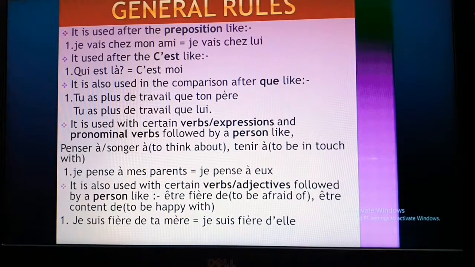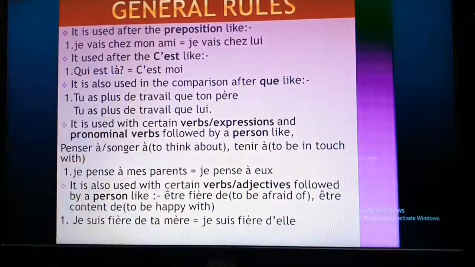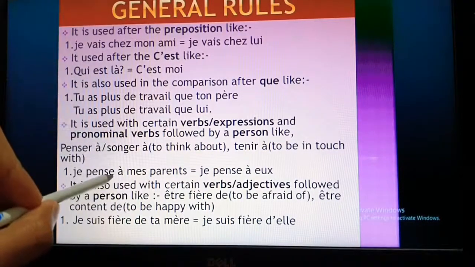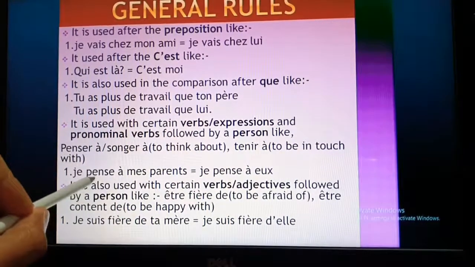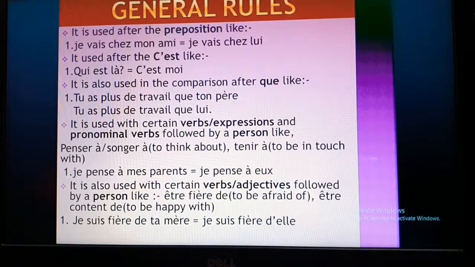So I think about my parents. Normally the person is replaced by COI, but if the verb is penser, songer, tenir and so on, verbs like these, you have to replace it with the pronom tonique. So the answer is Je pense à eux.